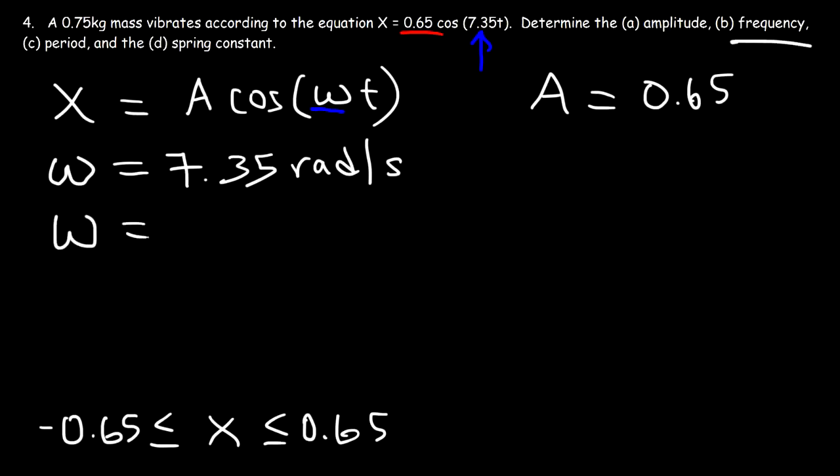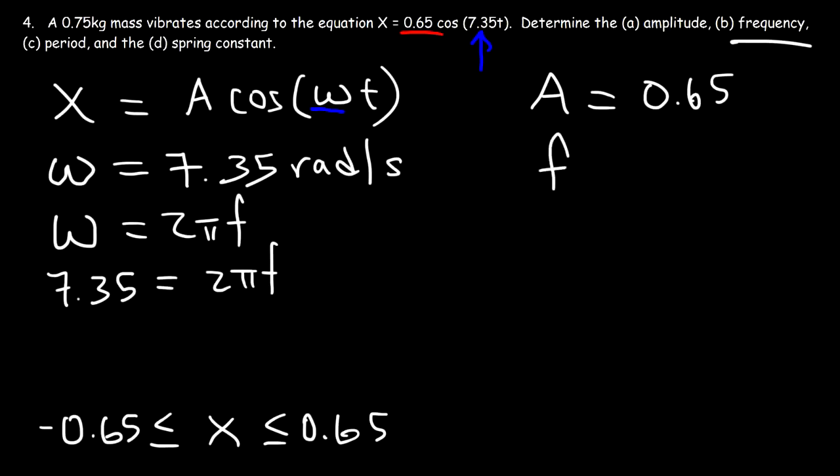The angular frequency is equal to 2 pi f. And so 7.35 radians per second is equal to 2 pi times the frequency. So the regular frequency is just 7.35 divided by 2 pi. And so you should get 1.17 hertz.